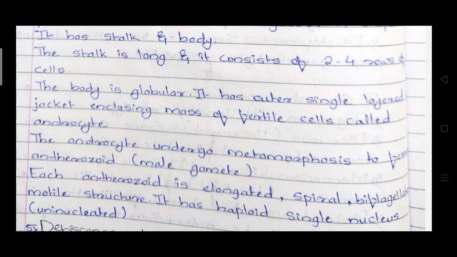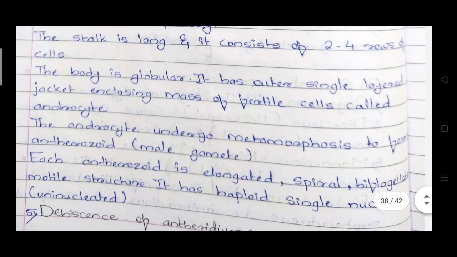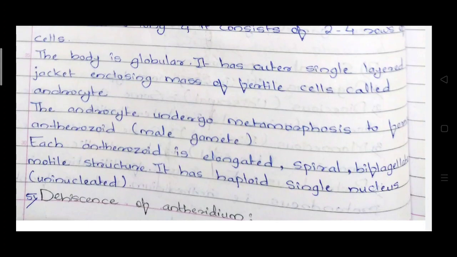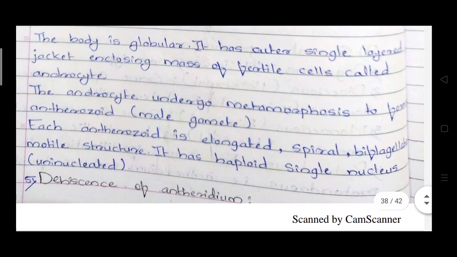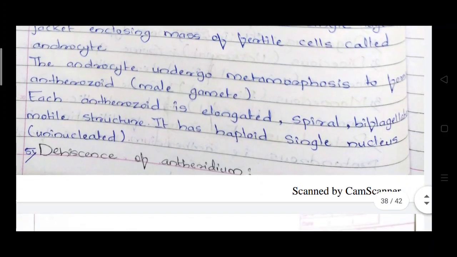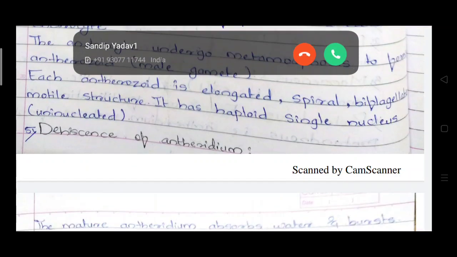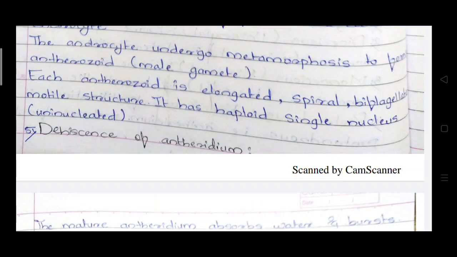This globular body is covered by a single jacket layer, which encloses the fertile cells, the androcyte mother cells. When these androcyte mother cells undergo metamorphosis, they form the antherozoids.